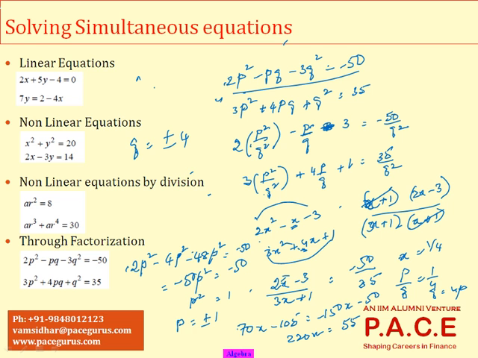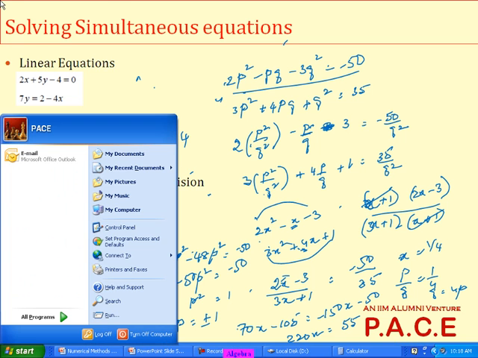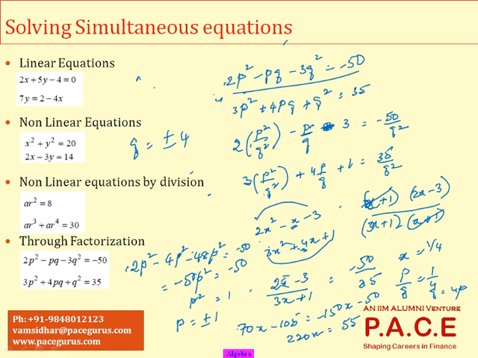So you have to be comfortable with various mechanisms of solving simultaneous equations, right? More and more practice will give you more comfort in solving these kinds of simultaneous equations.